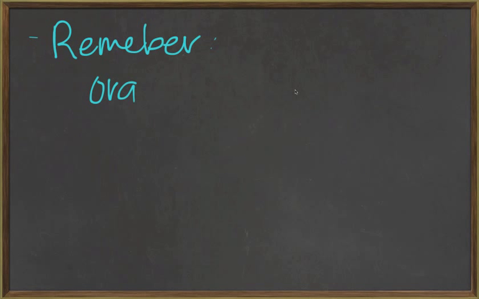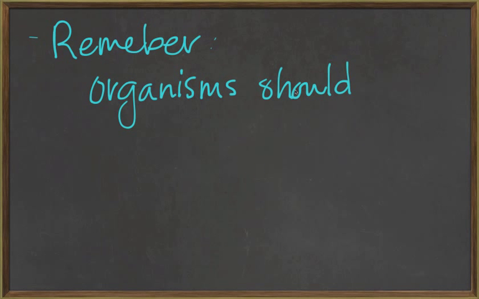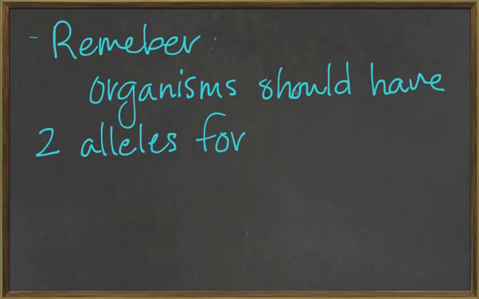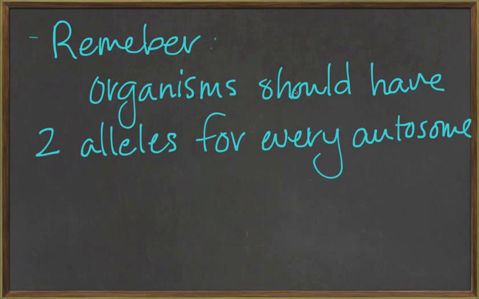Before we get into these, one thing I do want you to remember, organisms should have 2 alleles for every autosome. And remember what that means. That means any other chromosome except my sex chromosomes.